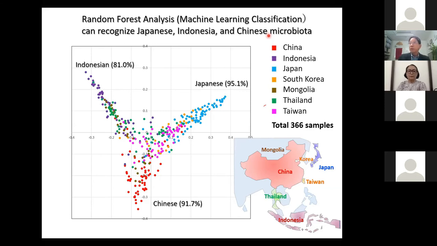This is the result of a kind of machine learning: we gave the microbial composition data to the computer, and we asked the computer to classify the data.